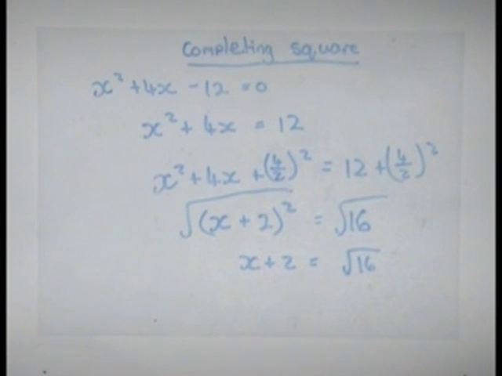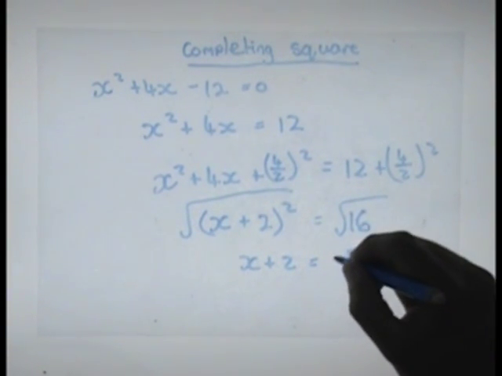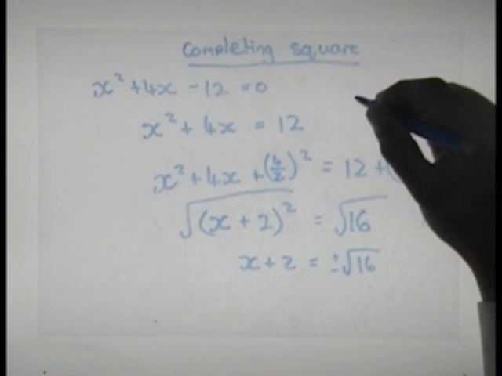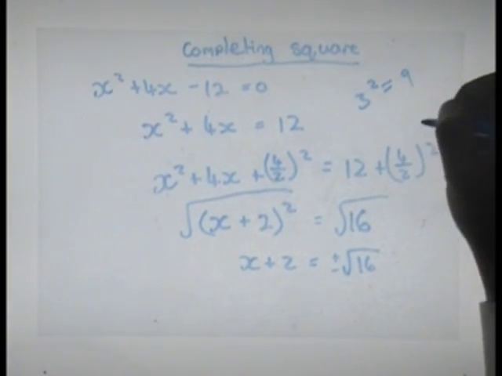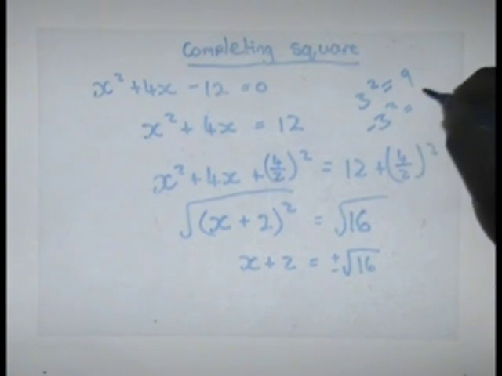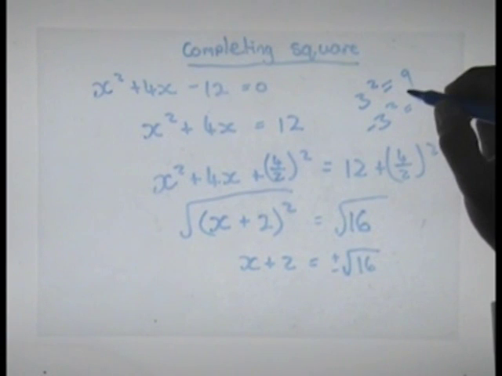Yes, almost there. Problem is that a square root can either be positive or negative. Think about this. 3 squared is equal to 9. Negative 3 squared is negative 3 times negative 3, which is going to give us positive 9.